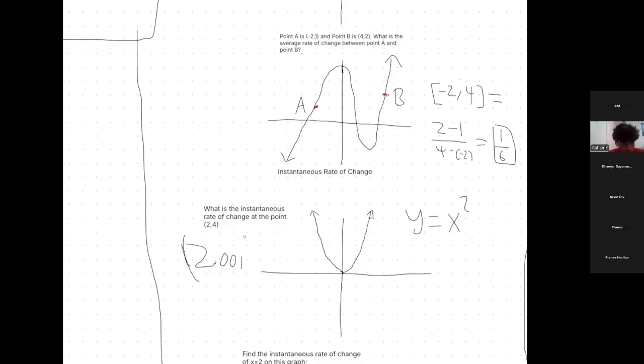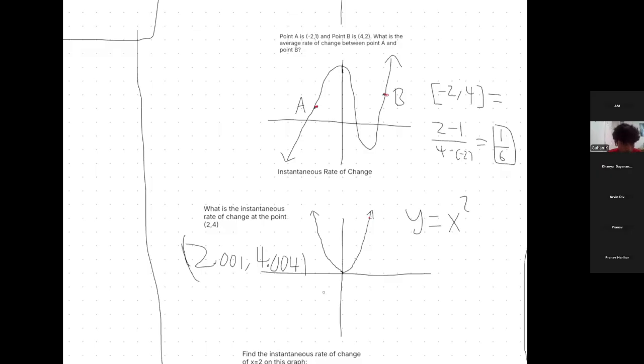So if we're trying to find the y value for 2.001, they gave us the function, right? y equals x squared. So we just plug our x value 2.001 into this equation. So 2.001 squared, let me do the calculation for you, is 4.004. Now we have our 2 points, and now we're just using our average rate of change formula, right?